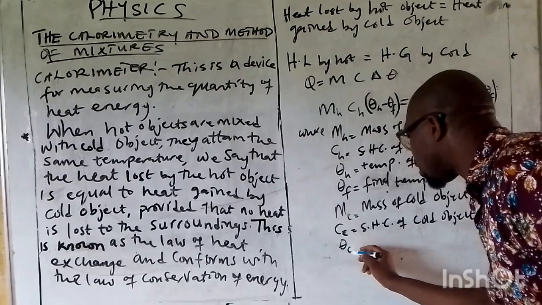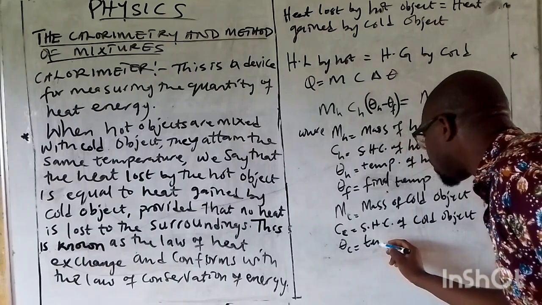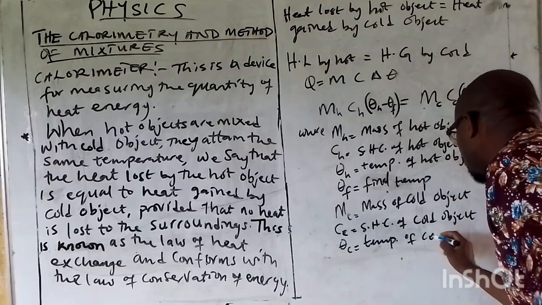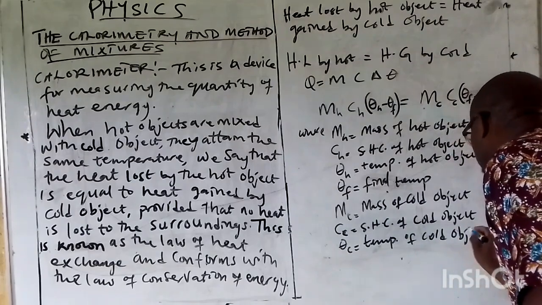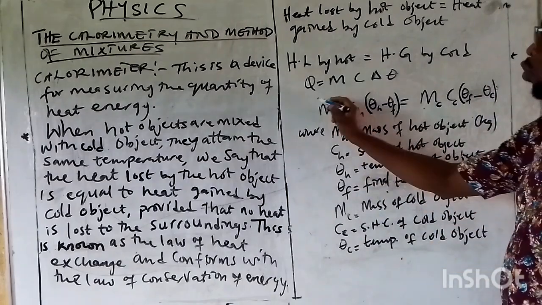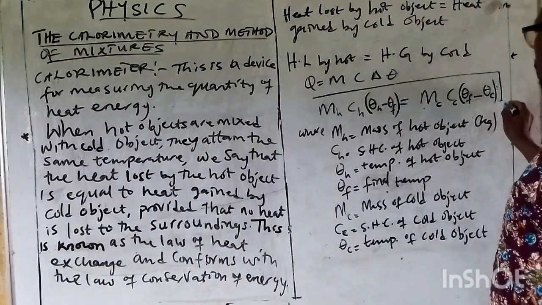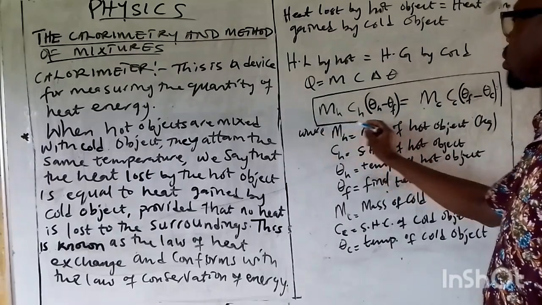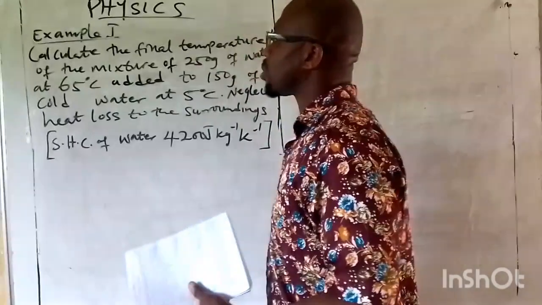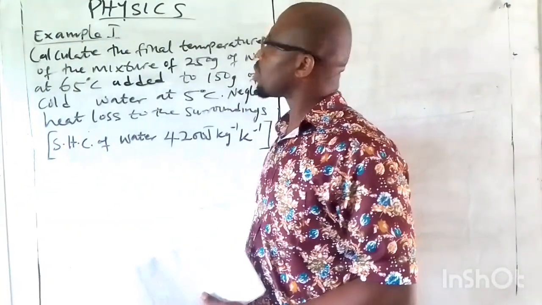Theta C is the temperature of cold object. Having described this, we'll now take some questions that we can use this formula to solve.